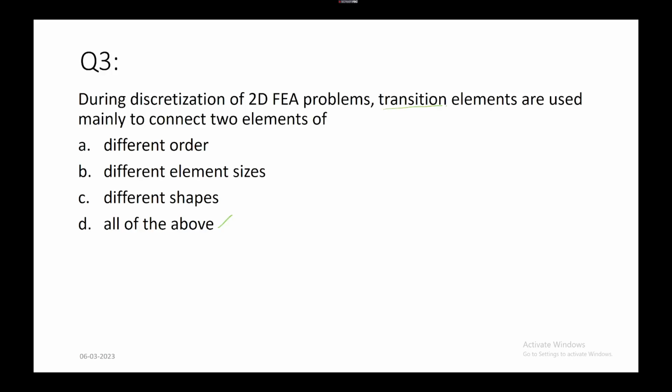First of all, we need to know what a transition element is. Any other guesses? Do you think this answer is okay?